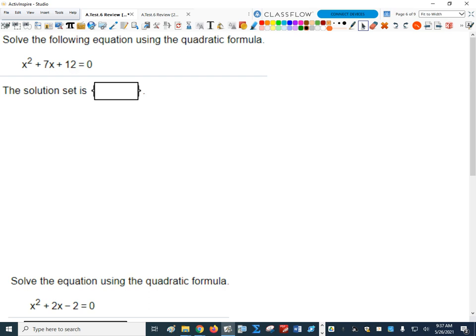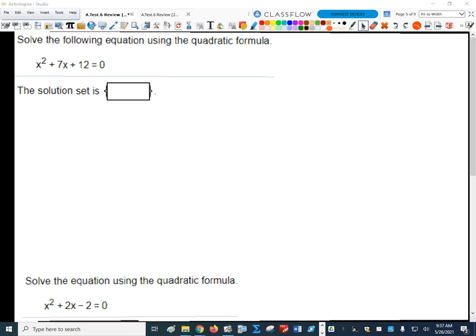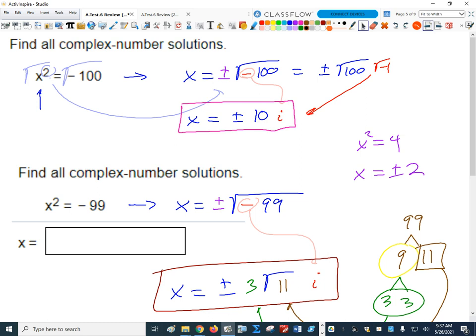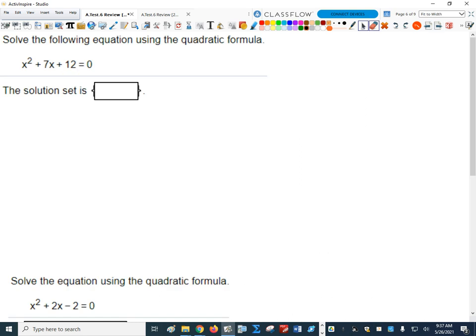So this is actually one that we could do by factoring, right? I could break it up into x plus 3 times x minus 4 equals 0. And then by the zero product property, x plus 3 equals 0 when x is, no, negative 3, right?